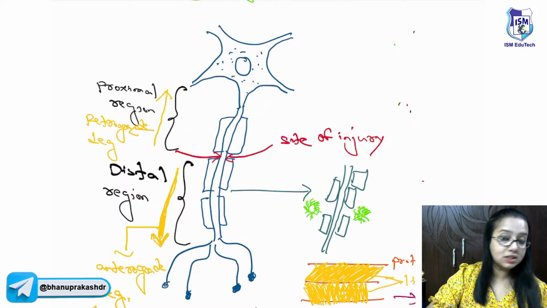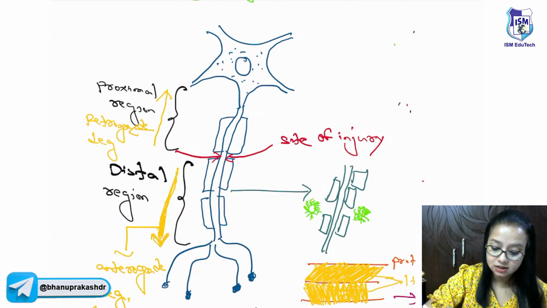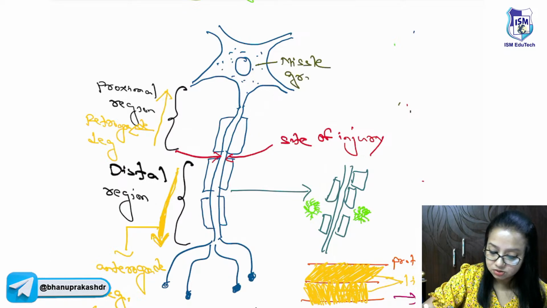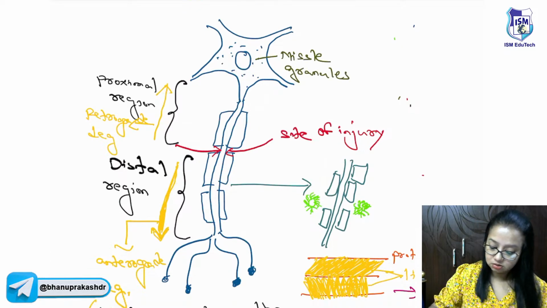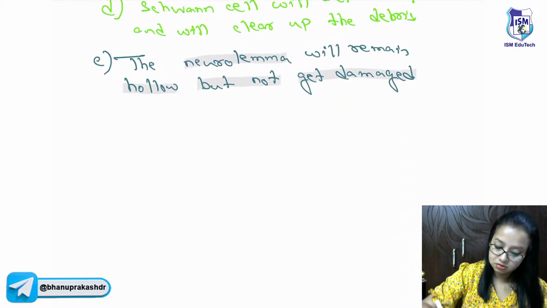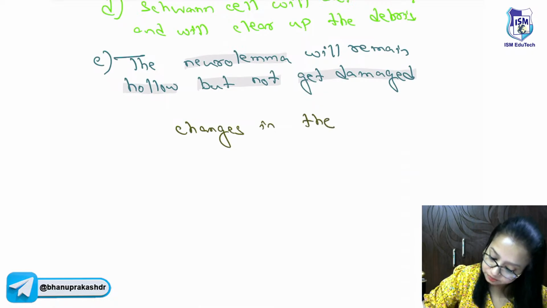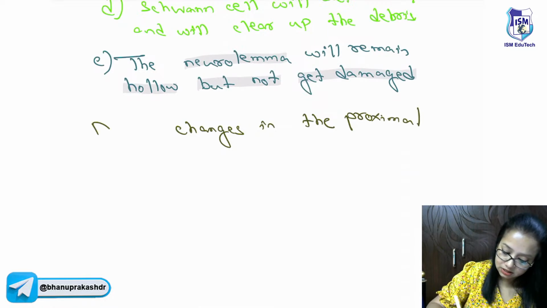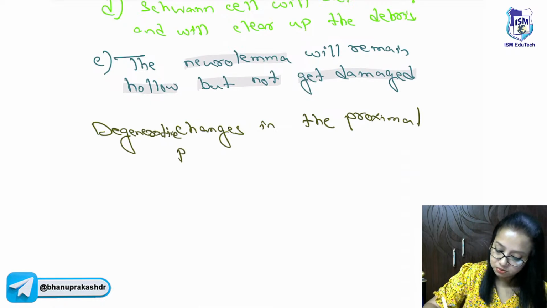Now, what are the Nissl granules? Nissl granules, so these are the Nissl granules. Okay, one second, we'll come back to that. Now, the degenerative changes in the proximal part.